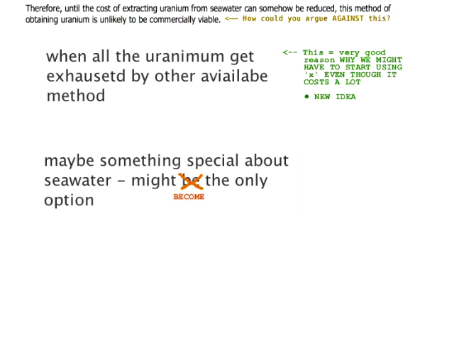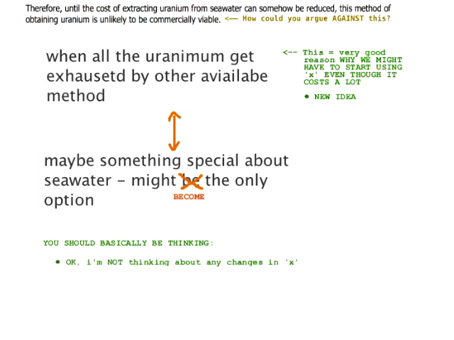But yeah, even though we're pegging the price of this method X, this is one of the other things. These are very related brainstorms. In other words, what you should come up with when you think about this issue, you should basically be thinking, okay, well, I'm not thinking about any changes in X.